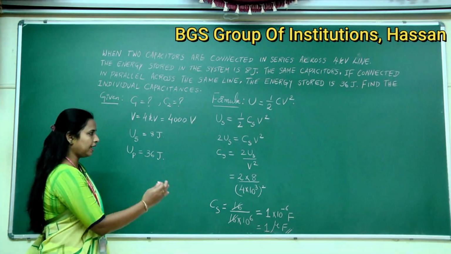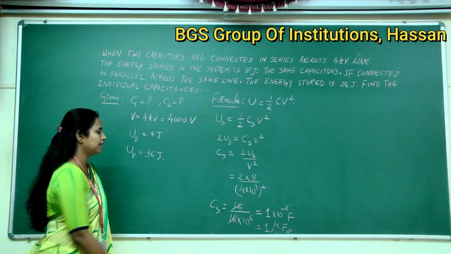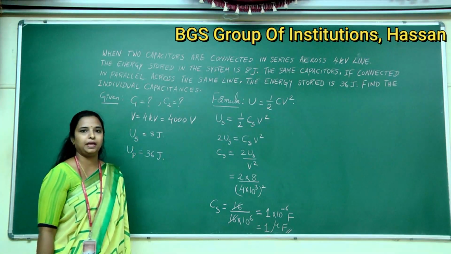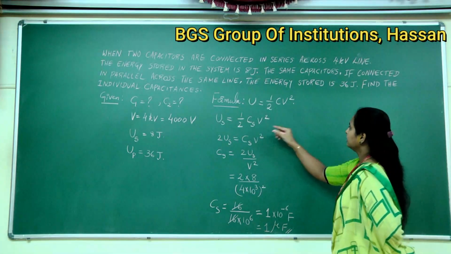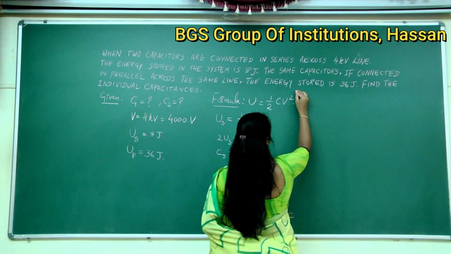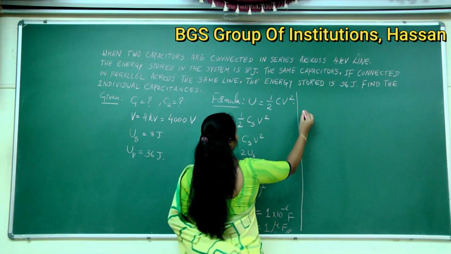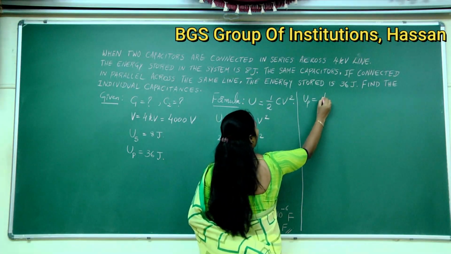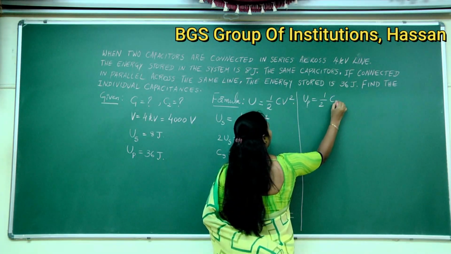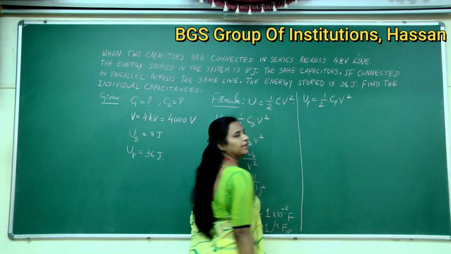Now in the same way we will calculate the value of Cp. The same formula we will make use of, that is Up is equal to half Cp V square.